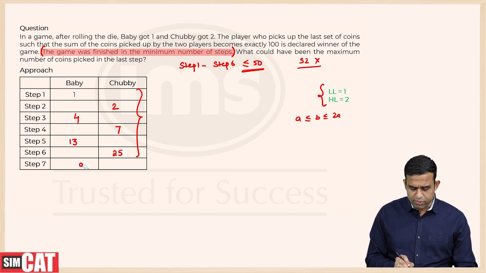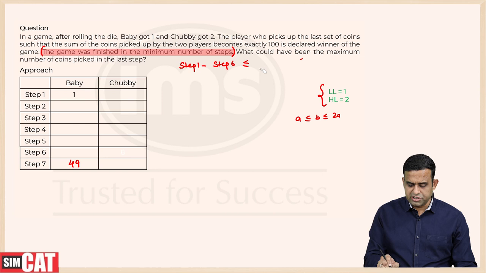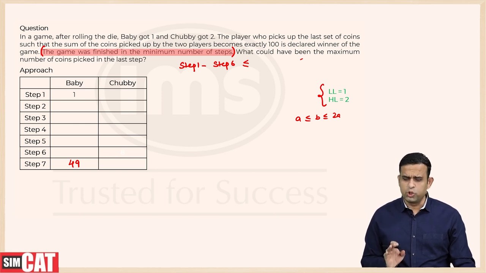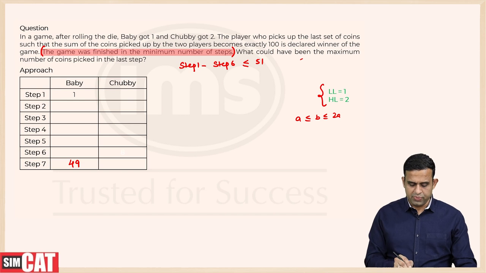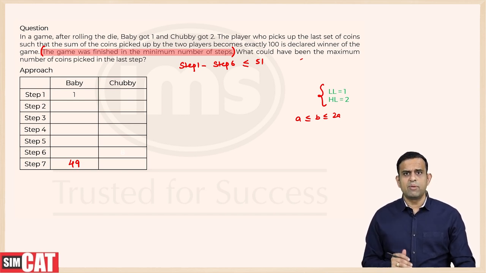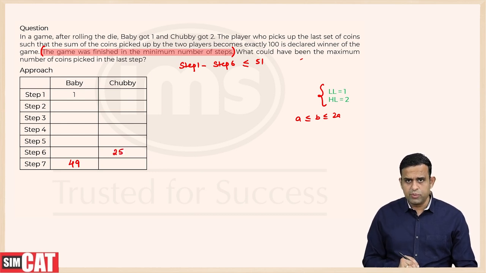So what I will do is work backward. If 50 is not possible, can I work with, let's say, the number 49? If this number is 49, what I want is the sum of step number 1 up to step number 6 to be maximum 51. If this number is 49, half of 49 is 24.5, so this number again becomes minimum 25.